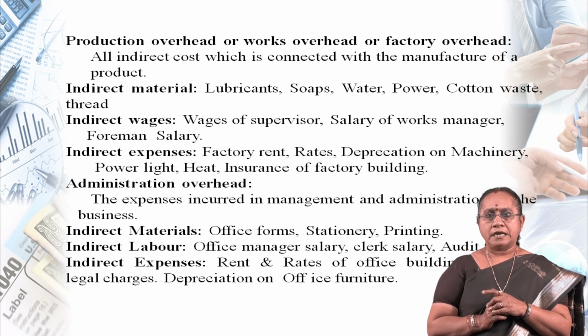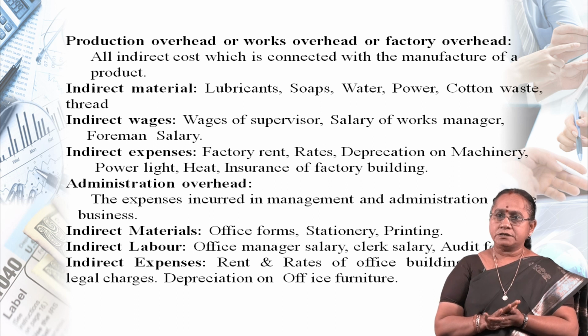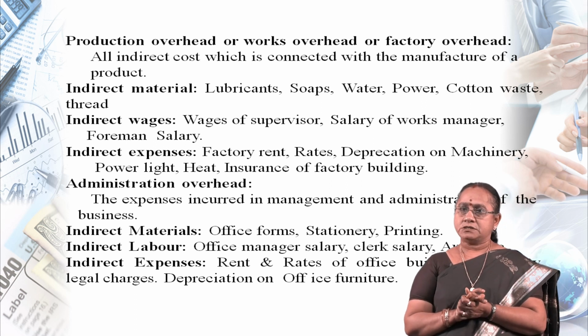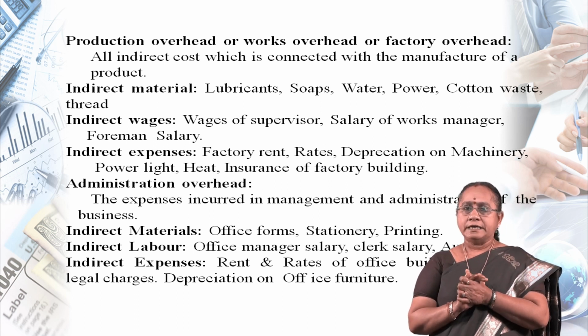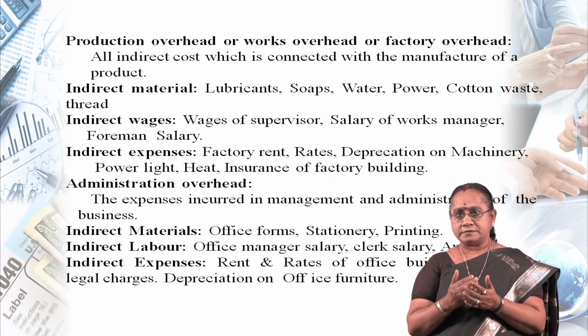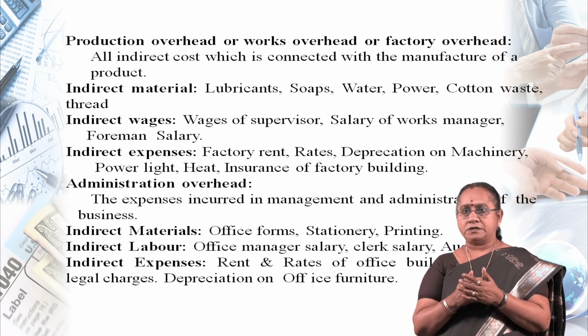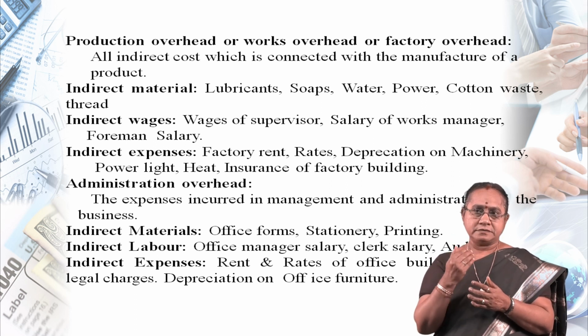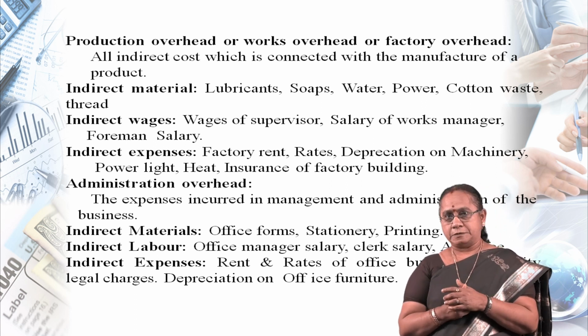Another classification of overhead is administration overhead. These are expenses related to the administration of the business. Here also we can classify administration overhead as indirect materials, indirect labor and indirect expenses.